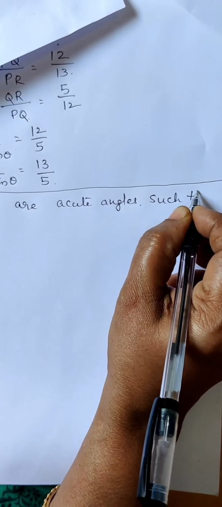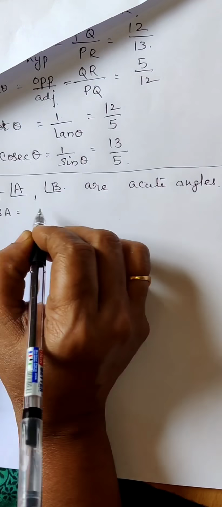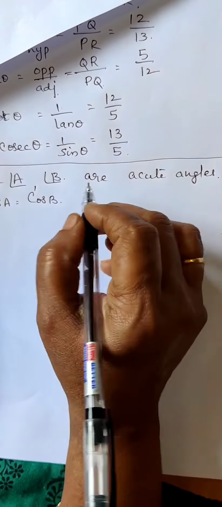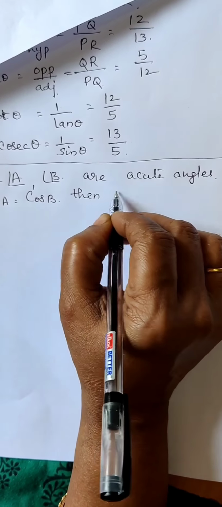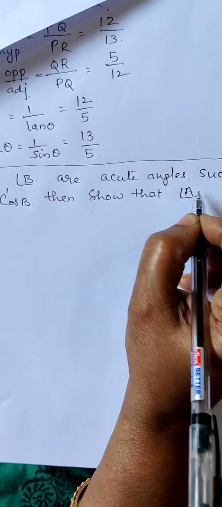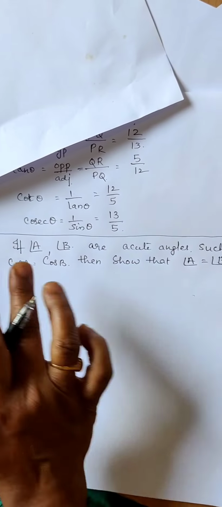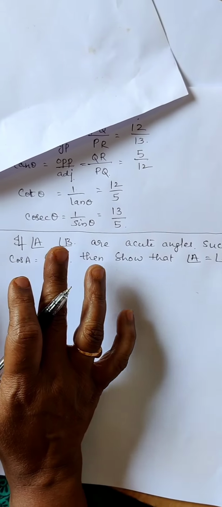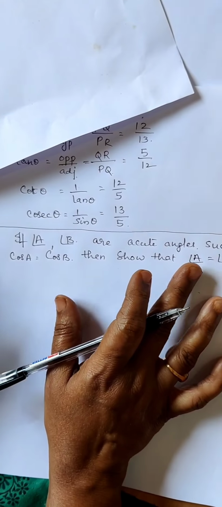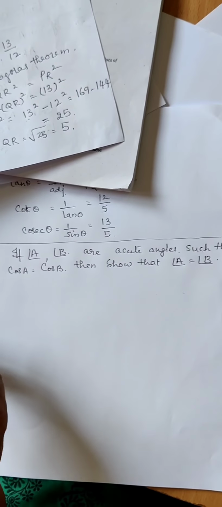So such that cos A is equal to cos B, then show that angle A is equal to angle B. So here one condition is given to us.